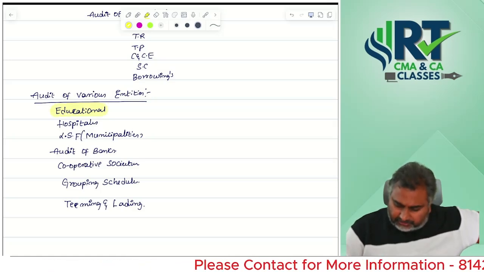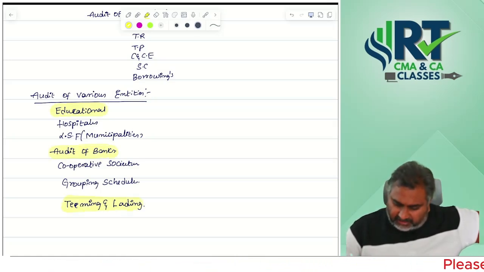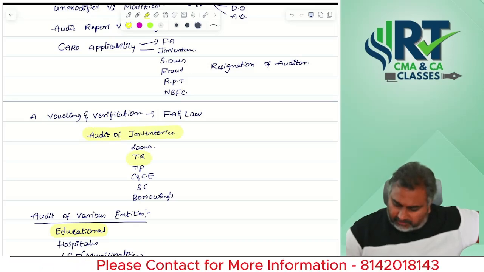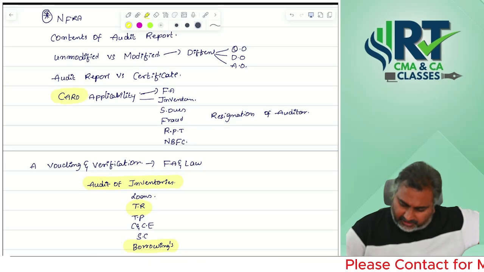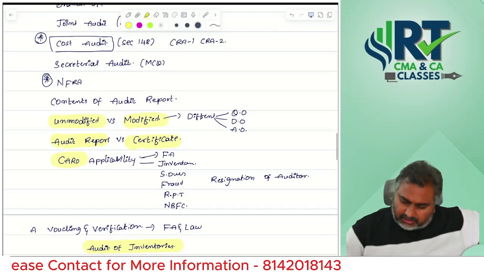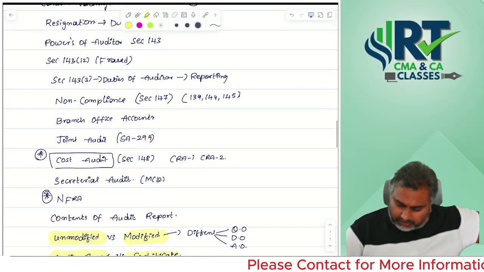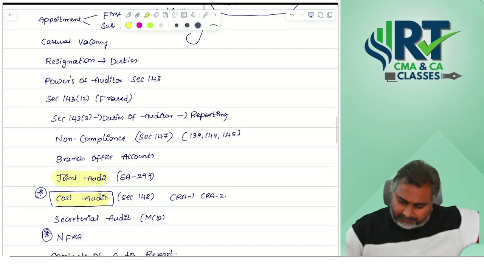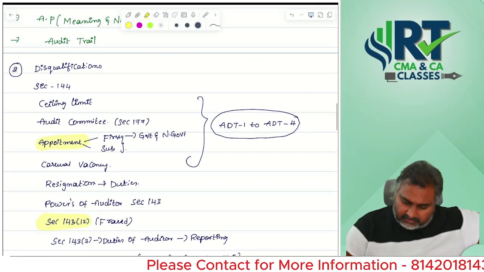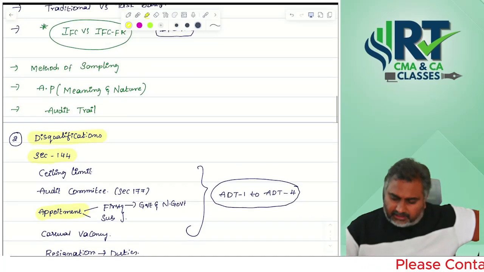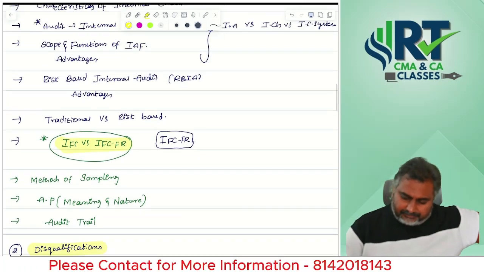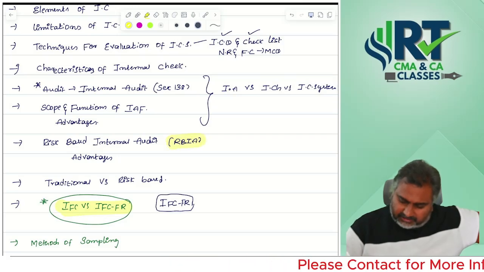One is educational institutions, audit of banks, teaming and lading, audit of inventories, trade receivables, borrowings, CARO, audit report versus certificate, modified versus unmodified things, cost audit, joint audit, fraud, appointments, Section 144, disqualifications, forms, which I already told you, IFC versus IFCFR, risk based internal audit.